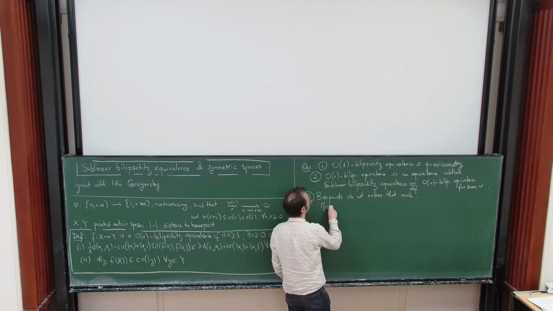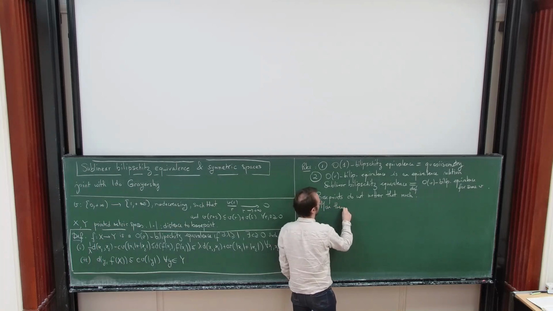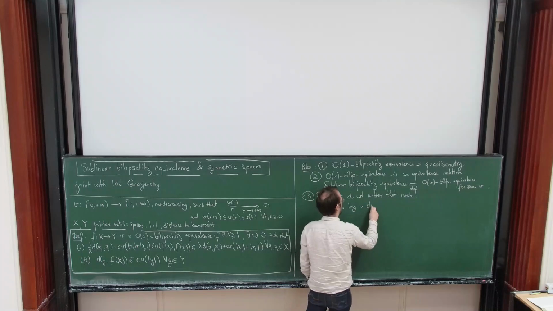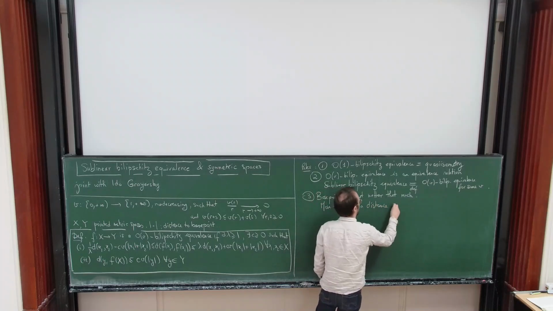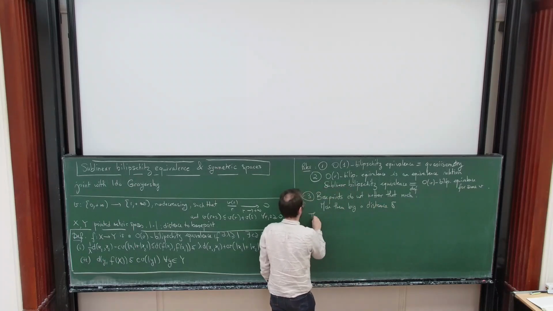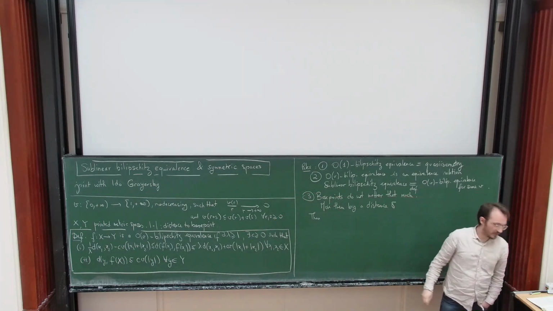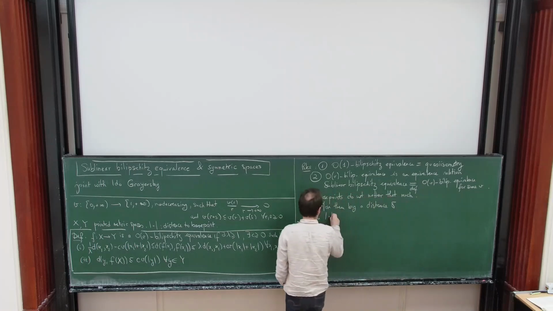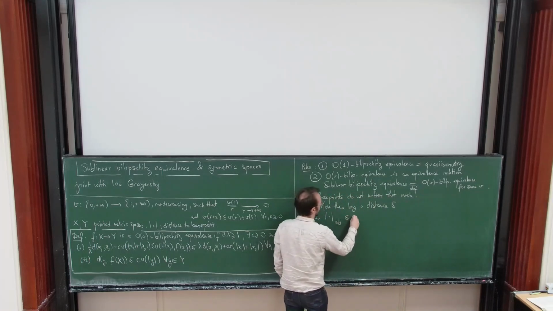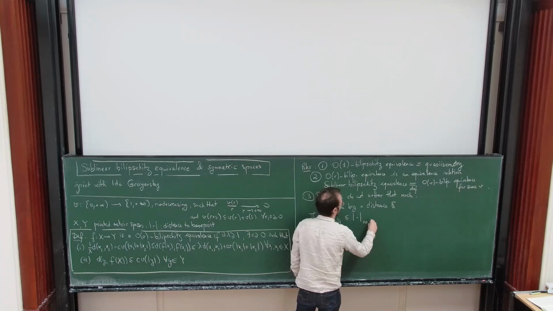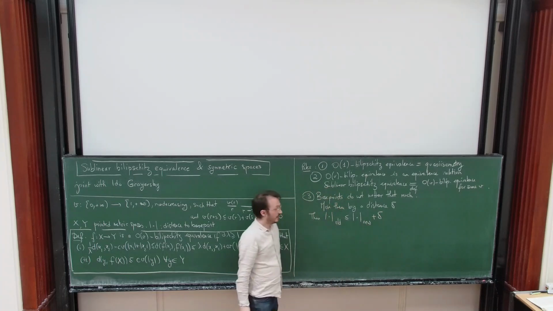If you move them by a distance delta, say, then the distance to the old base point is smaller than the distance to the new plus delta by the triangle inequality.